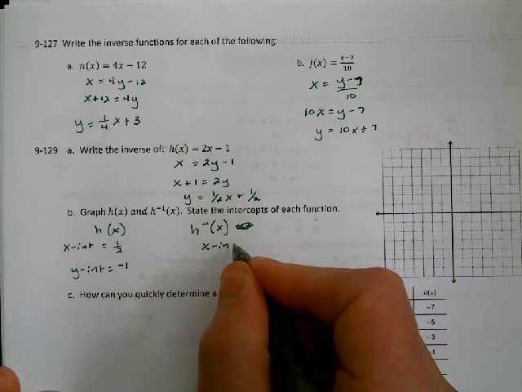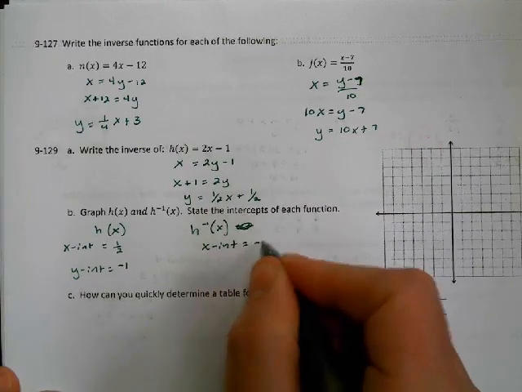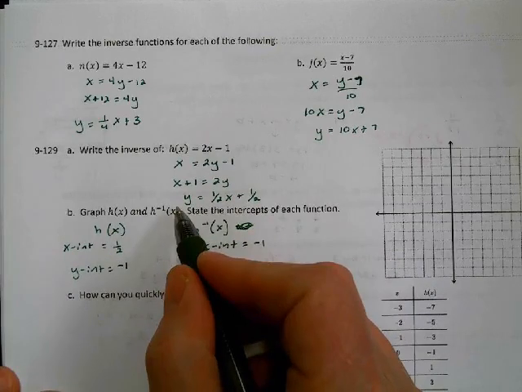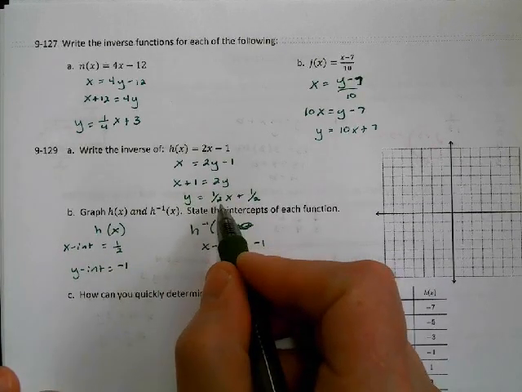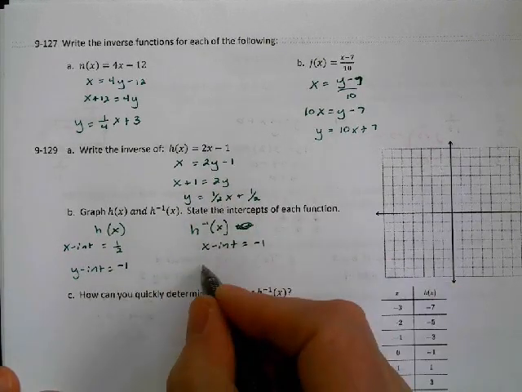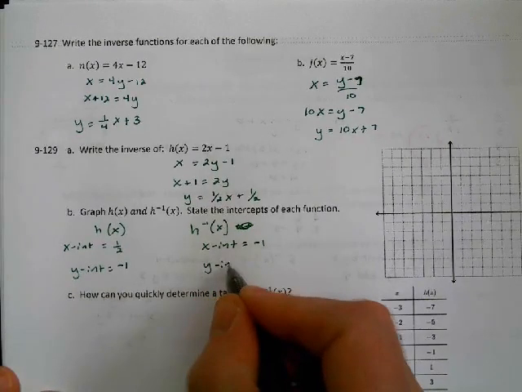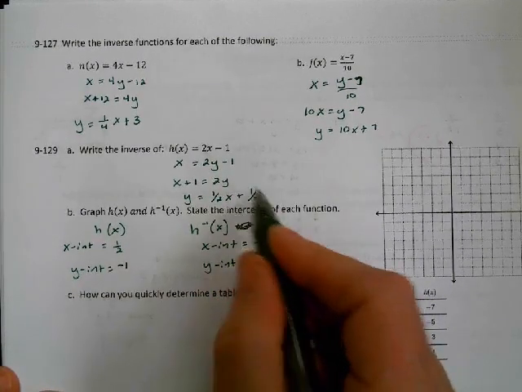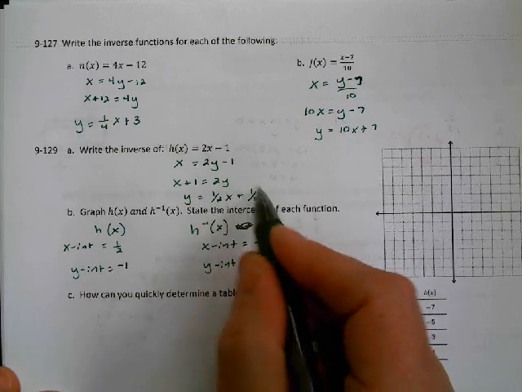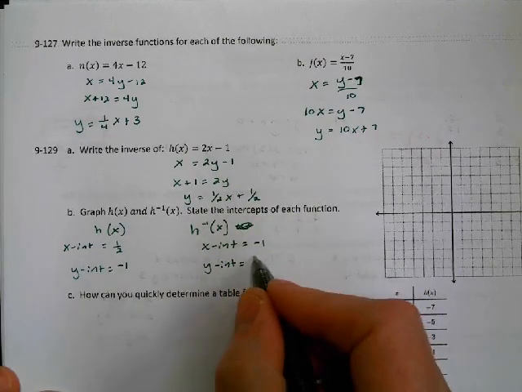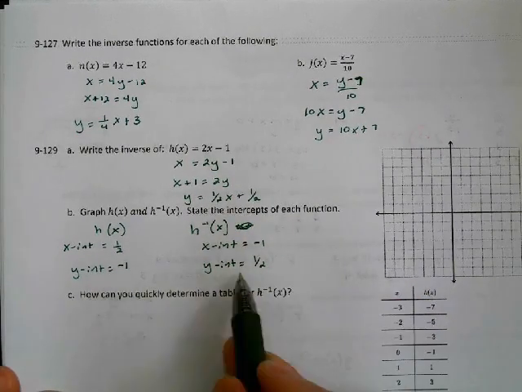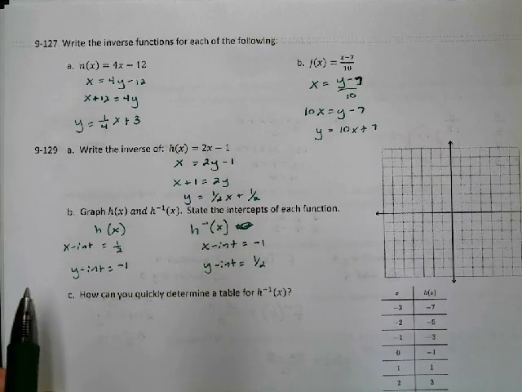So I subtracted 1/2, and then I multiplied by the reciprocal of 2. I got -1. The y-intercept, our b value, sorry, our y-intercept, it's 1/2. So we can see that the x-intercept and the y-intercepts have switched places when we do the inverse.